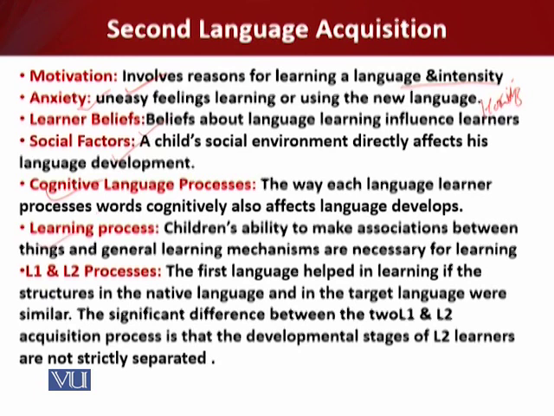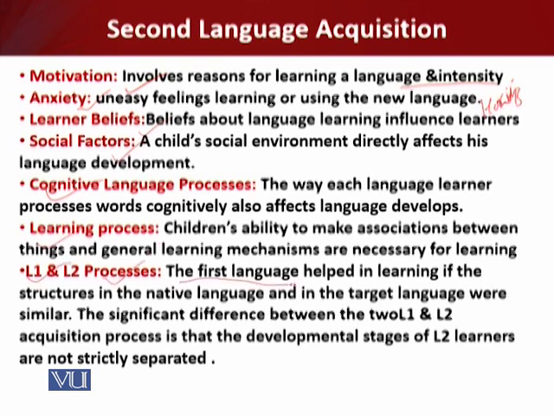Developmentalists claimed that children's ability to make associations between things that occur together, and general learning mechanisms like analysis and categorization, are all internal factors necessary for learning a language. They emphasize the importance of an environment in which children are exposed to many thousands of opportunities to learn words and phrases. Then we have L1 and L2 processes.